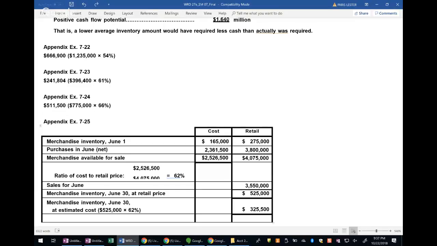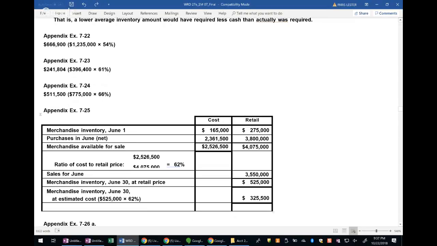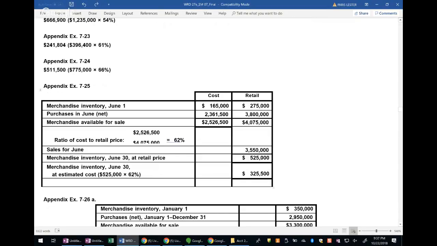How'd they get that 30%? That had to be given to you. But if we go back to this one, I hate that I can't write on these things, but if my cost to retail is 62, then my markup is going to be the difference, 38.